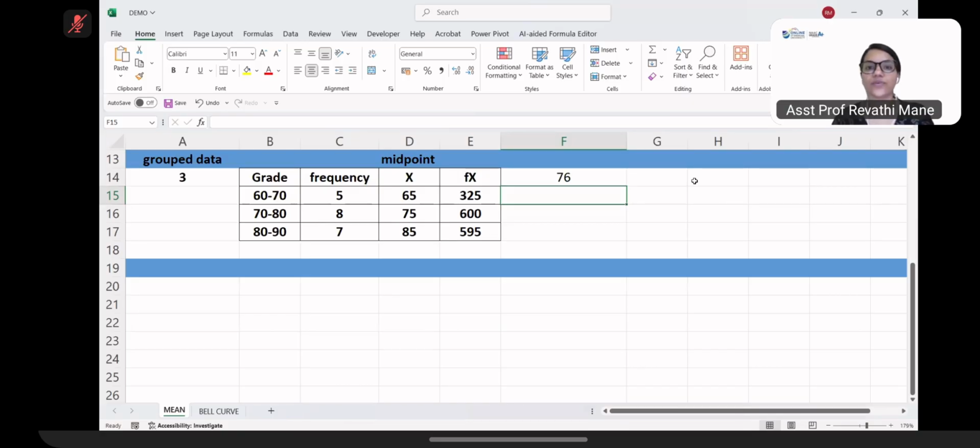So this is how you can calculate the mean in Excel. You can observe here that the mean calculated manually and the one Excel gives are the same. I hope till now it is clear.